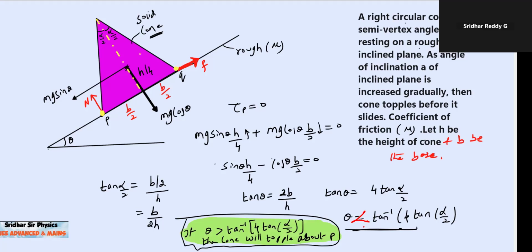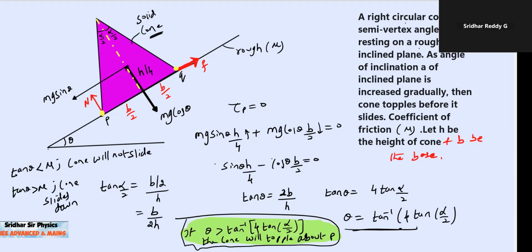Whether the cone will slide or not is determined by tan theta. If tan theta is less than mu, the cone will not slide. If tan theta is greater than mu, the cone will slide down.